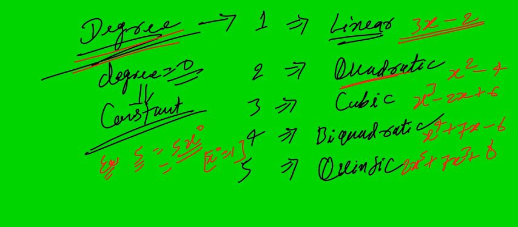So now our question is, what is a zero polynomial? Here you have told that if the degree is 0, then it is called a constant polynomial. So what is the difference between a constant polynomial and a zero polynomial?